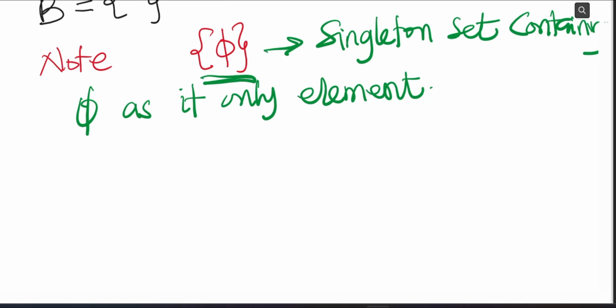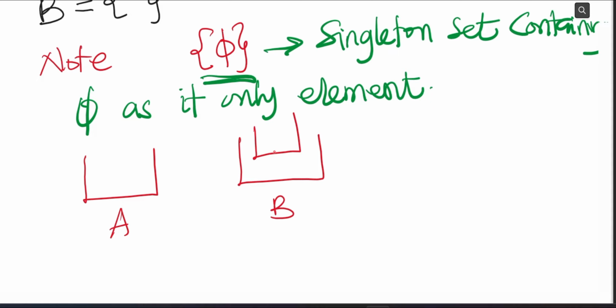Think of this as a folder. Let's say on my laptop, I create a folder A, which contains nothing. And I create another folder B. However, within that folder B, I create another empty folder called C. Of course, folder C is empty, but it is within folder B. And so folder B contains an empty folder.